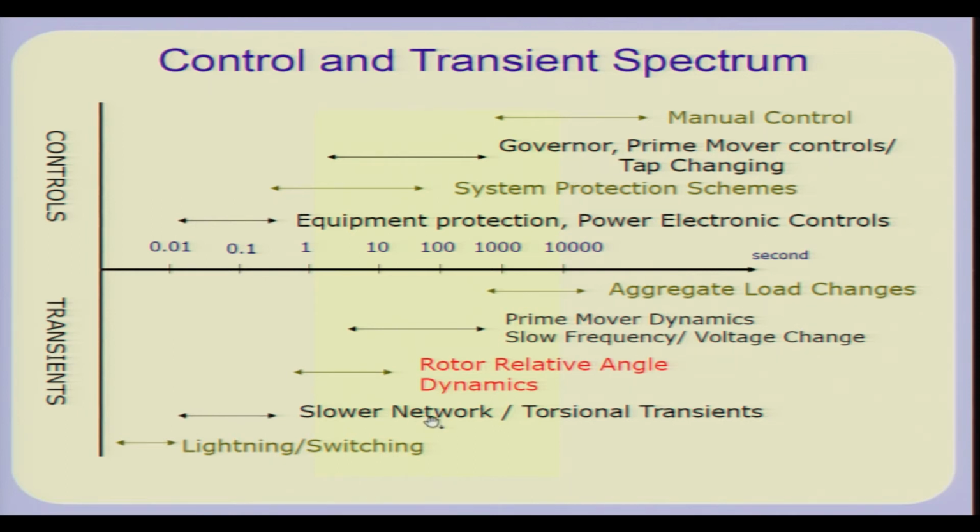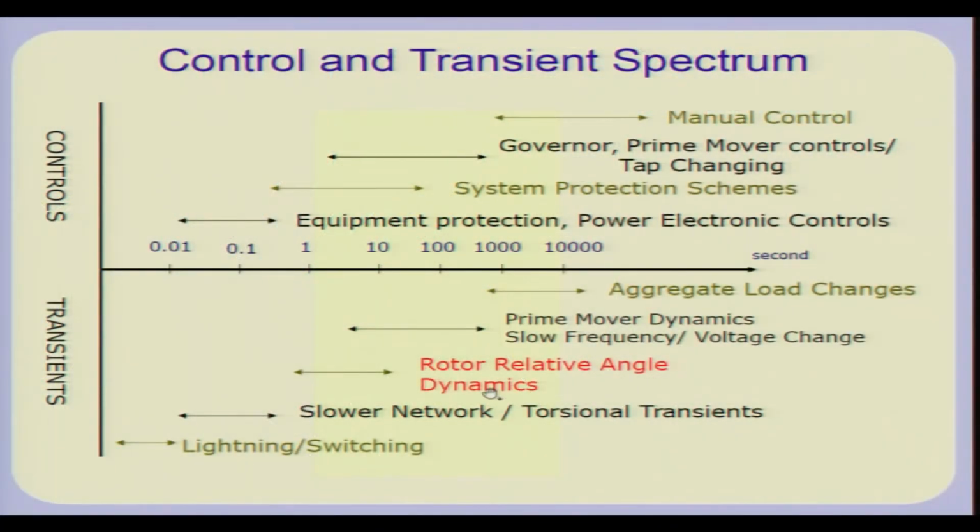You could have oscillations between the turbine and the generator, which are also called torsional transients, which are relatively fast. Then you have the relative rotor angle dynamics, which we in fact saw in a synchronous grid. These are effectively power swings, loss of synchronism. You have slower frequency dynamics, the center of inertia frequency motion, and in the slowest scale, manual actions.